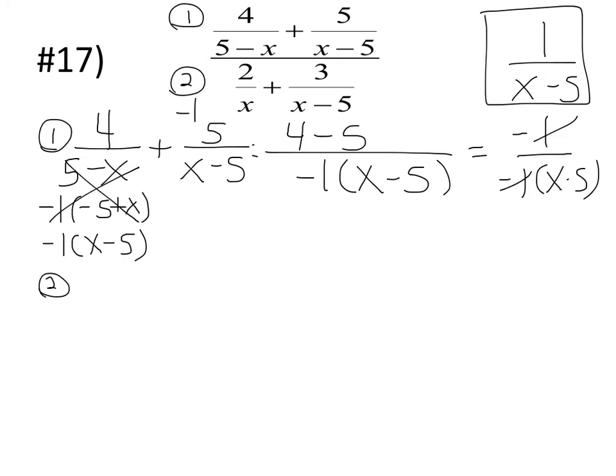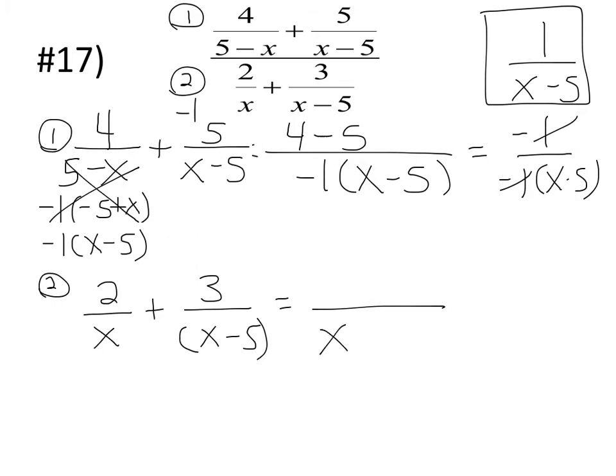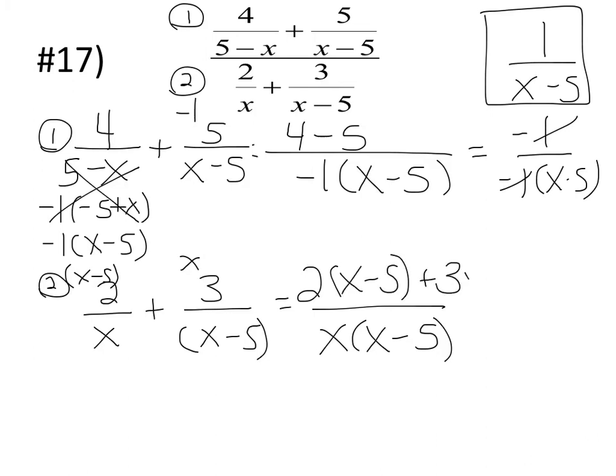And then your denominator is 2 over x plus 3 over x minus 5. So your LCD is x times x minus 5. What is this one missing? An x minus 5. What is this one missing? An x. So you're left with 2 times x minus 5 plus 3x.